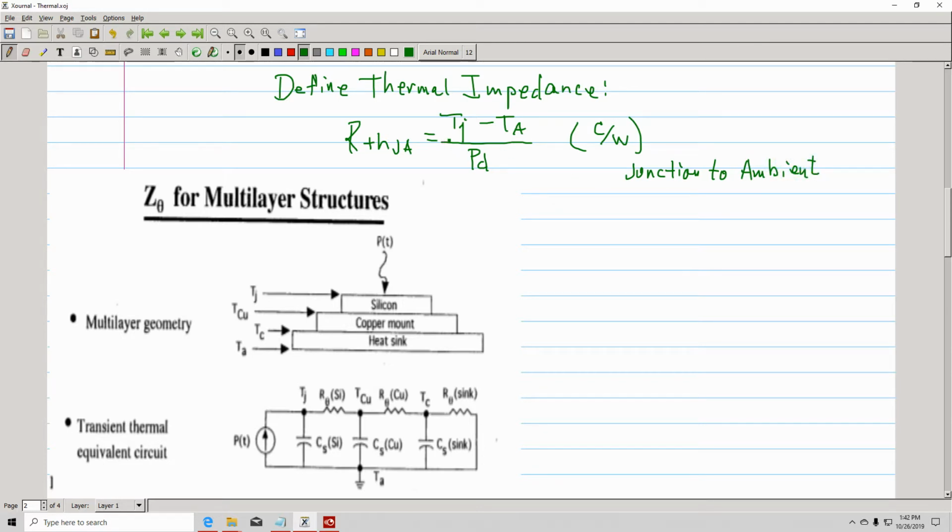Typically the equation is the temperature of the junction minus the temperature at ambient, divided by PD, the power dissipation.